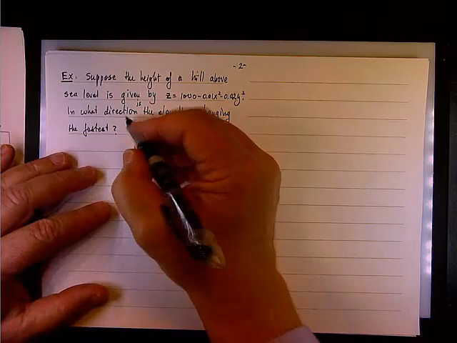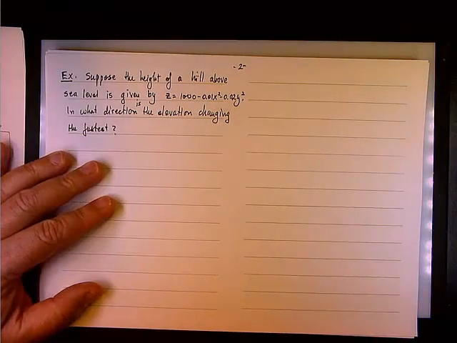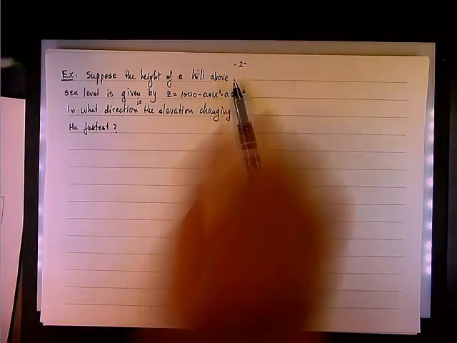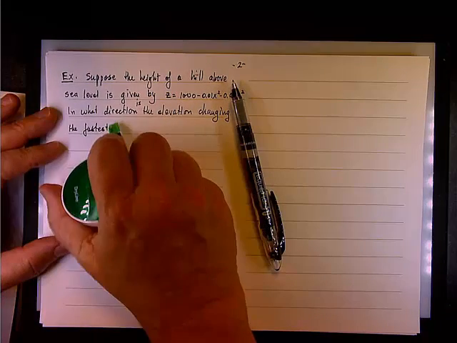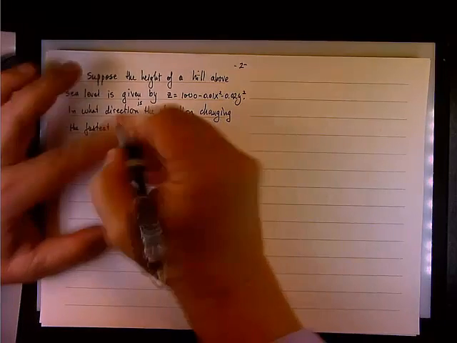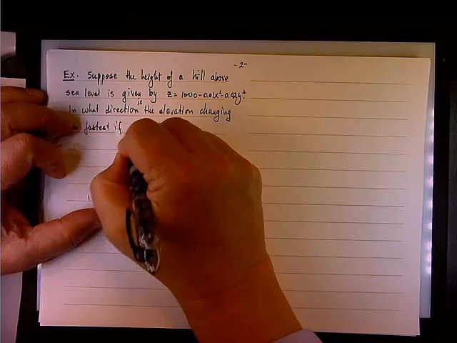The fastest. And of course, what is the maximum rate of change at that point? I'm sorry, there is one more piece of information before I put the question mark.